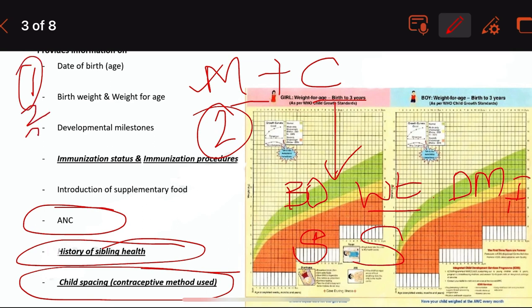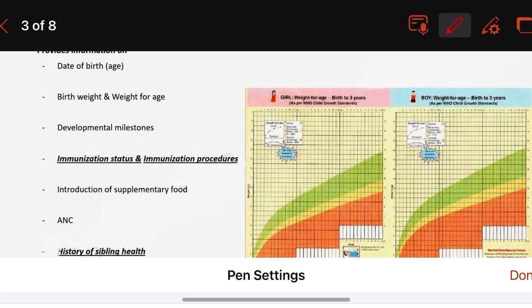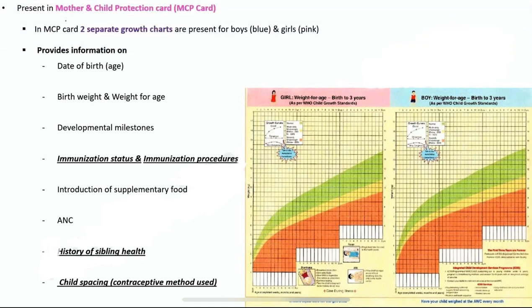Date 2, 3, 4, 5, and we have 6 points for the baby and 2 points for the mother. So this is how you can segregate and remember. This is about the MCP card, that is the mother and child protection card.